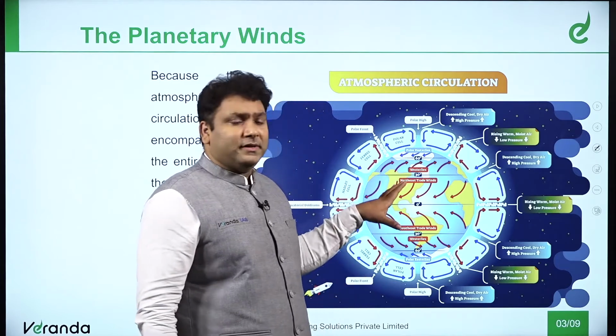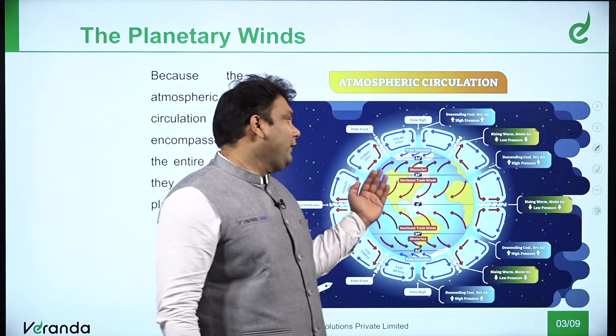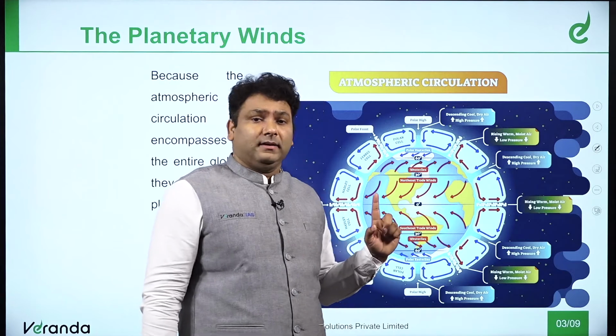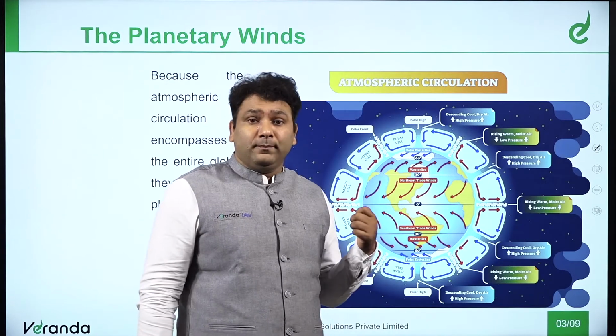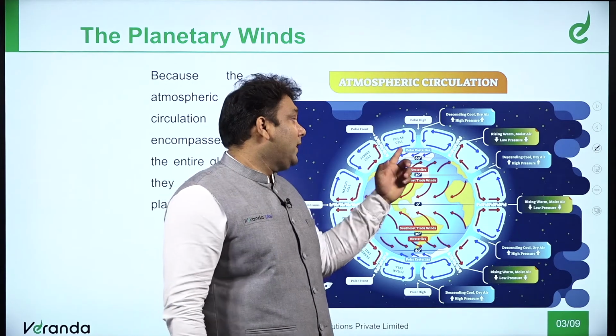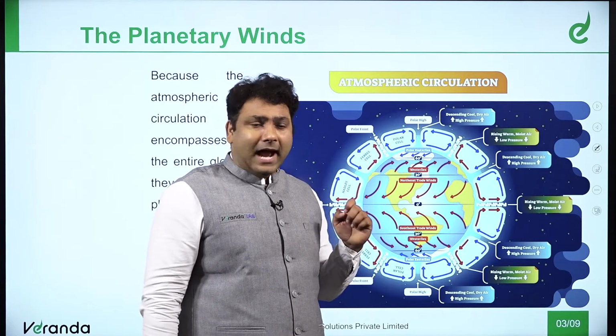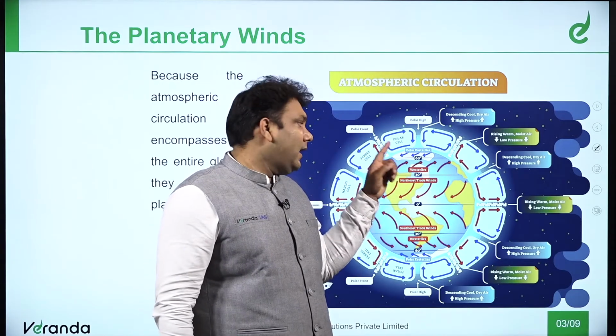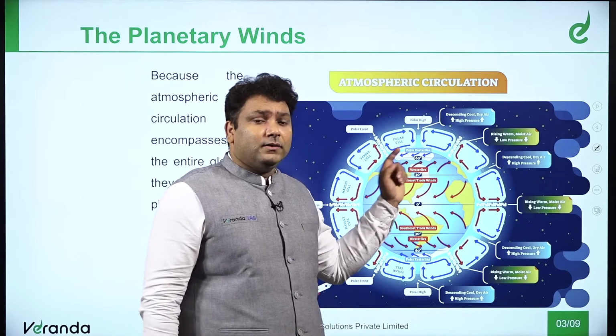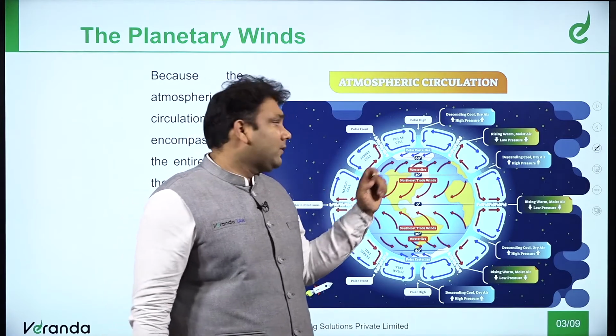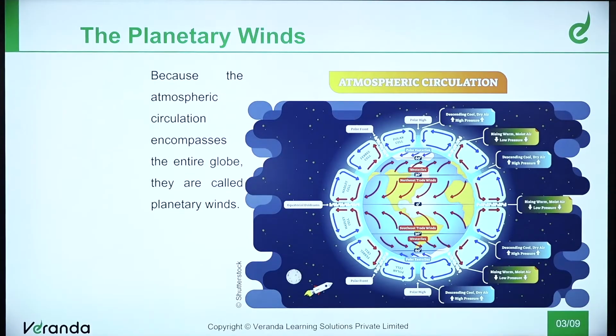So, from this high pressure one of the branches will be moving towards the poles, but this branch which is moving towards the poles will come across the polar easterlies. So, they will be colliding with each other, frontal action is created, and whatever air is coming in this region of 55 to 65 degree north will be lifted up again.